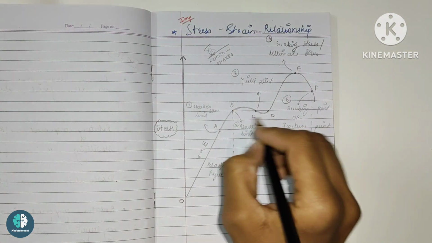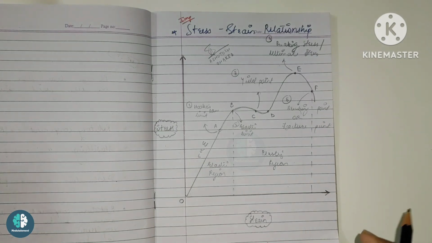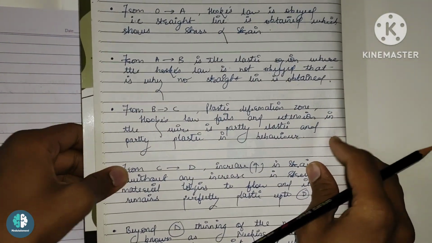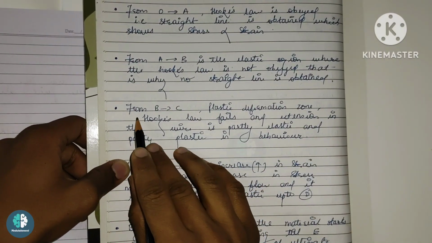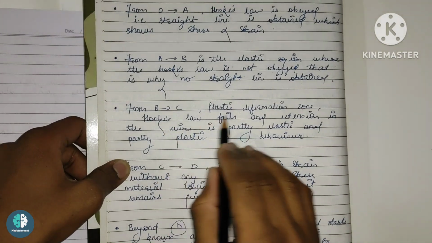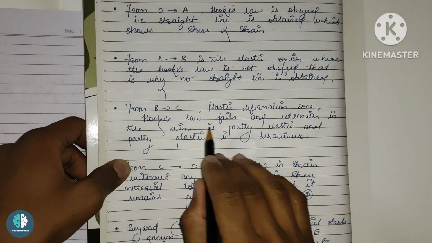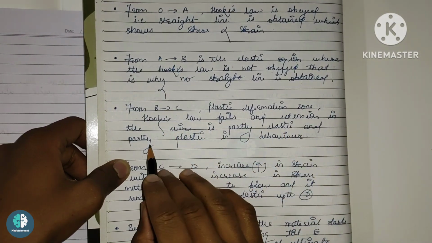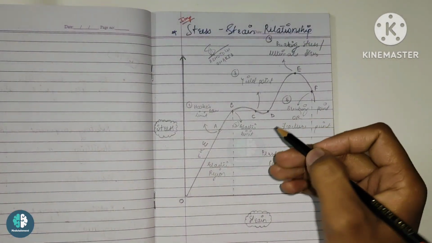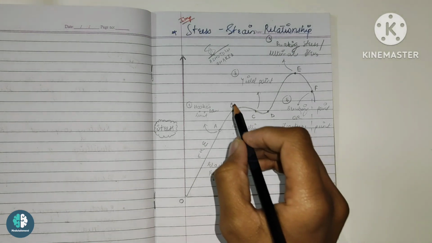Next is B to C, the plastic deformation zone. Hooke's law fails and extension in the wire is partly elastic and partly plastic in behavior. Here we have taken the example of a wire.